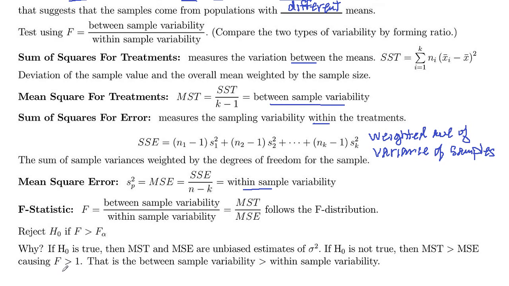And the bigger it is, the more between sample variability is greater than within sample variability. So if H0 is true, then these are unbiased estimates of the same quantity sigma squared, and they should be very close to each other.